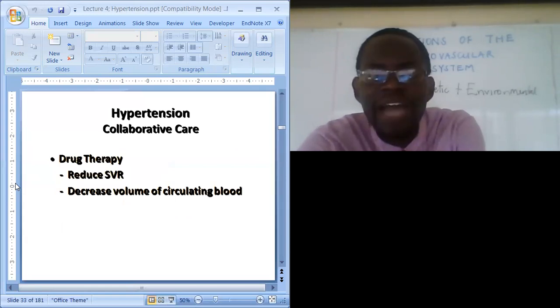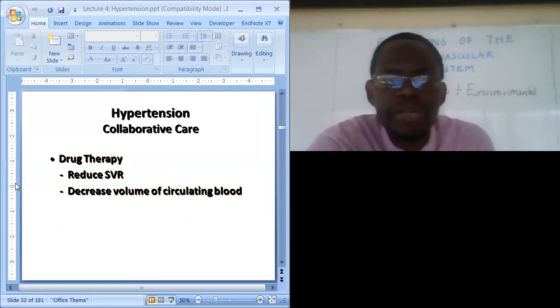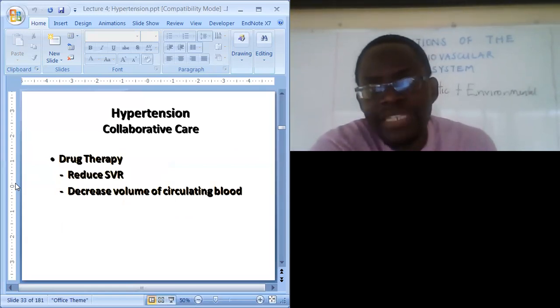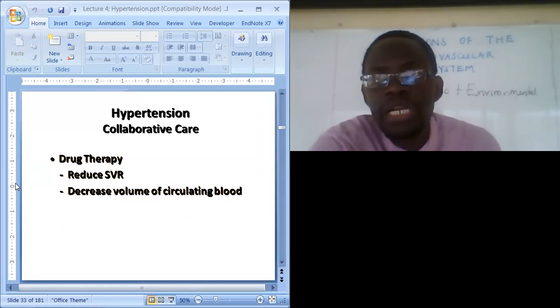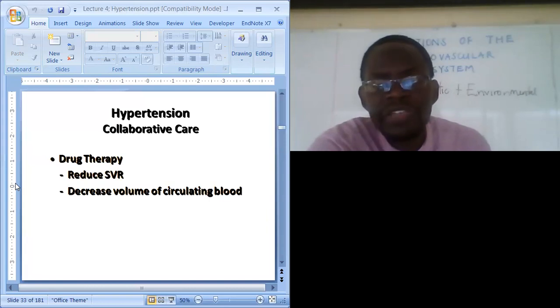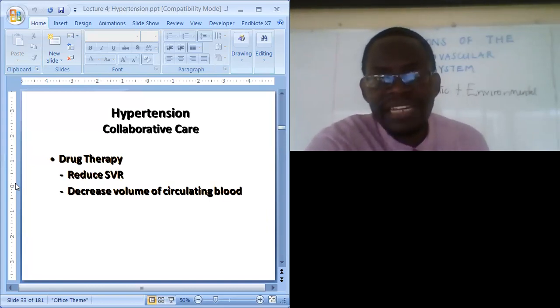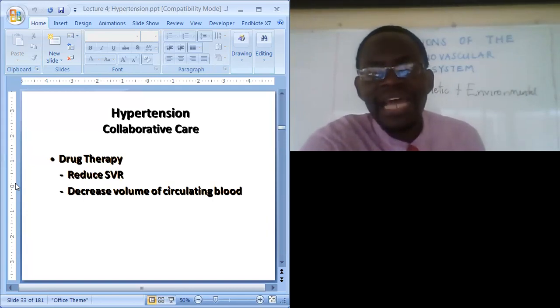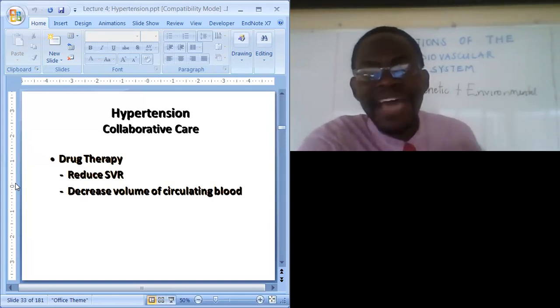We also have drug therapy, and remember we talked about how drugs are geared towards either decreasing the systolic pressure, or the total peripheral resistance, or reducing the cardiac output. So these drugs are given with that in mind.